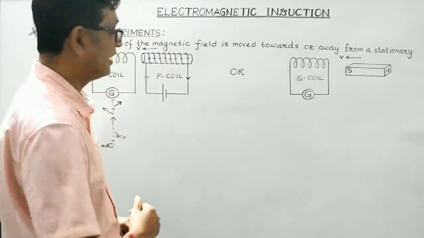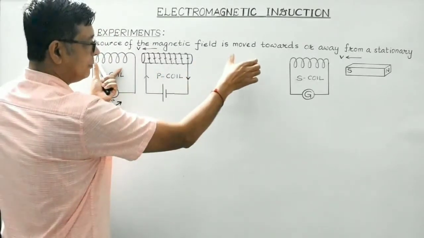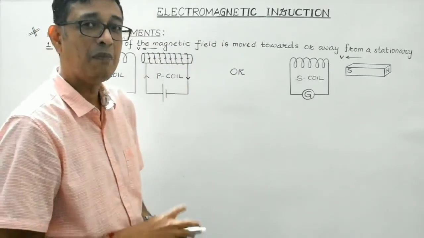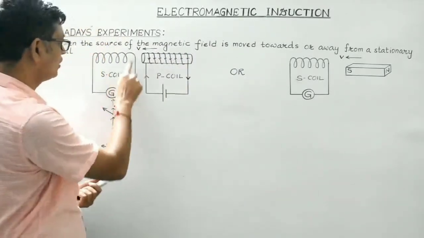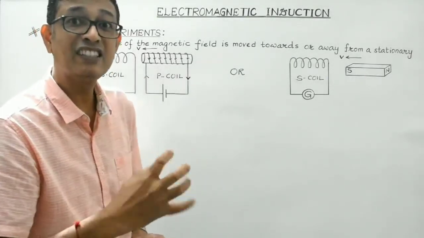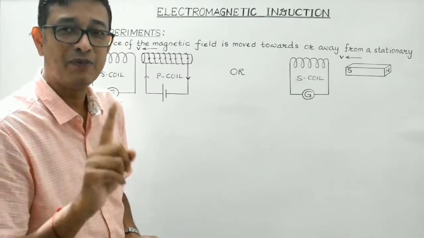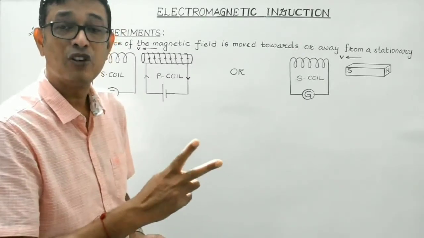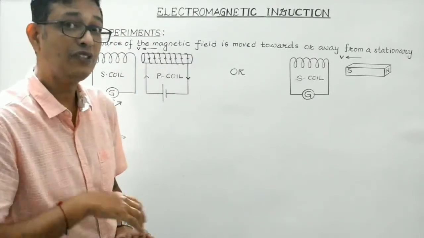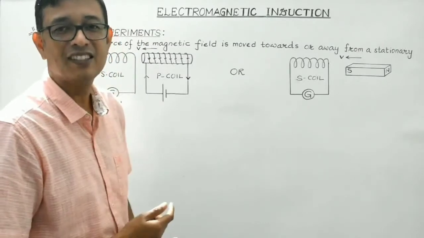It happens because as we move the coil P closer or away from the S coil, the magnetic field associated with the S coil either increases or decreases. That is, it changes. So whenever there is a relative motion between these two, there will be a change in the magnetic field linked with this coil. And whenever there is a change in the magnetic field linked with the coil, induced current is produced.